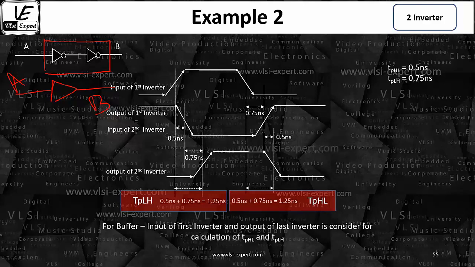In a clock, think in this way: you are propagating your clock like this, and it passes through a certain buffer which has a different TPLH and TPHL. So what is going to happen? It will be something like this. This particular gap, the 50% to 50%, let us suppose this is X, and this is something like Y.